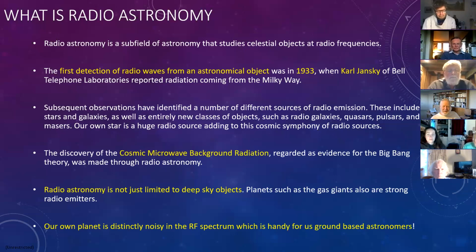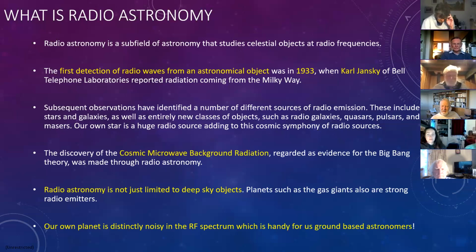And that's really opened it up. Our own star as well is a huge radio source that goes on in the background. So we're actually surrounded by RF emitters, not man-made ones, but natural sources coming from thermal emissions, from magnetic fields, and from simply the emissions from certain gases as well.